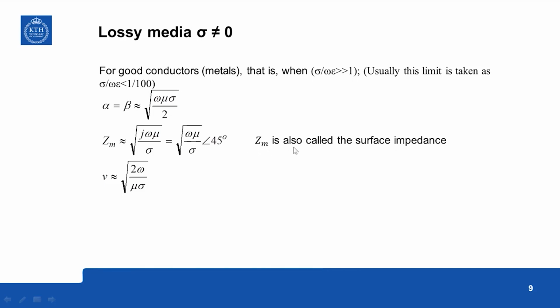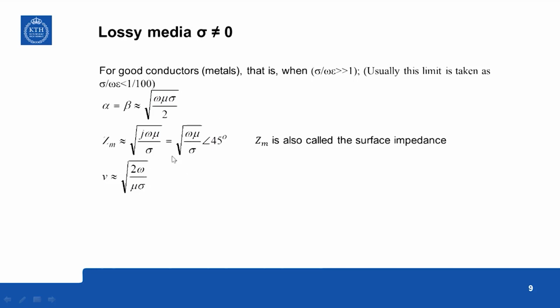This is called the surface impedance in the case of very good conductors or metals, because the field is not penetrating that much into the metal. So Zm is also called surface impedance or intrinsic impedance of the medium. And phase velocity v equal to square root of 2 omega by mu sigma. You can see that phase velocity is depending upon the frequency. It changes with frequency, and it depends upon the magnetic permeability as well as conductivity of the medium.